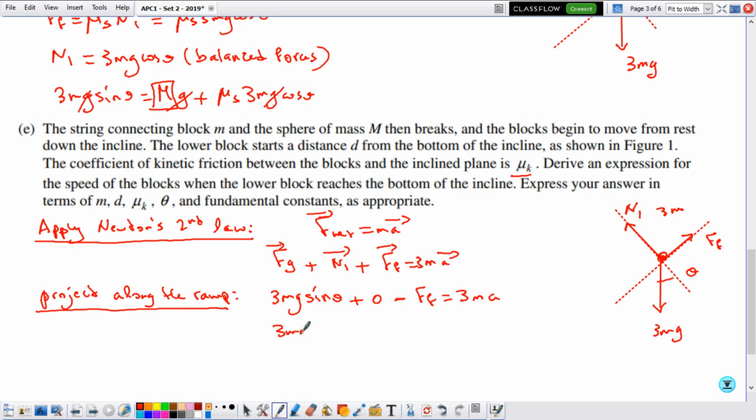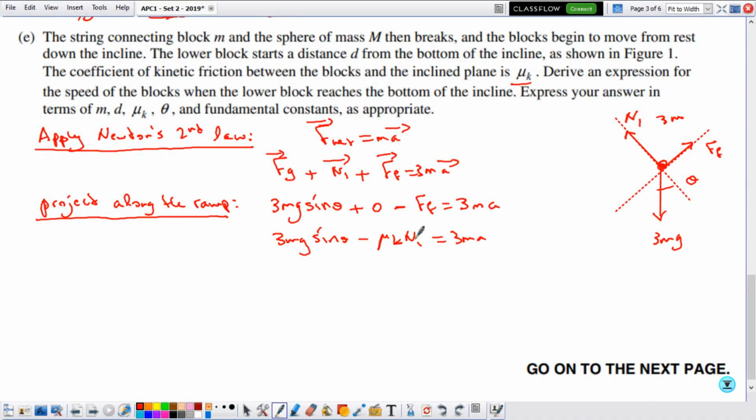Now 3mg sine theta minus mu k N1 equals 3ma. Now remember N1 has been determined to be 3mg cosine theta. So let me change this again.